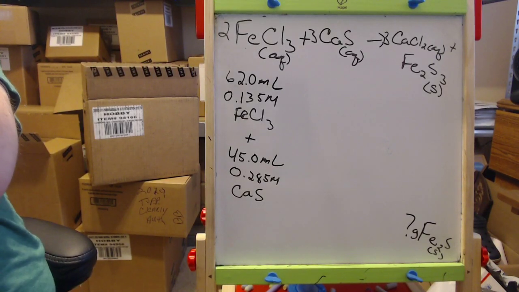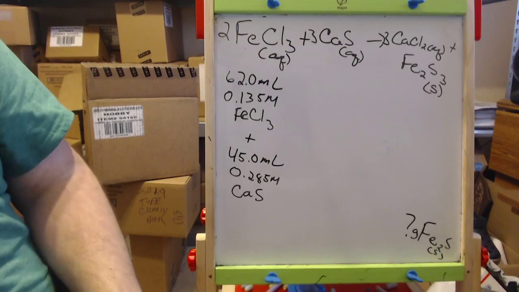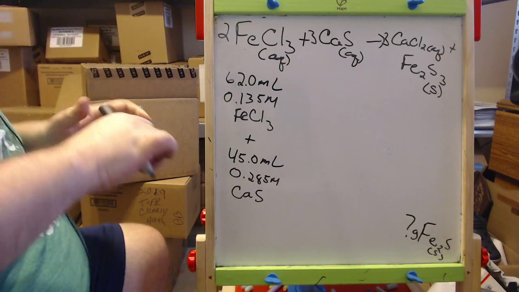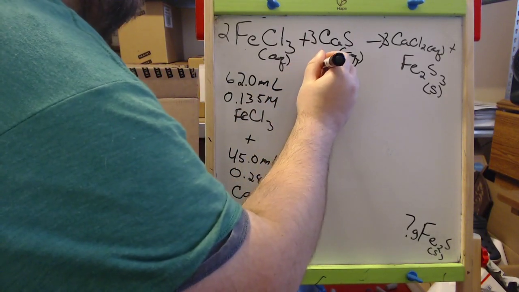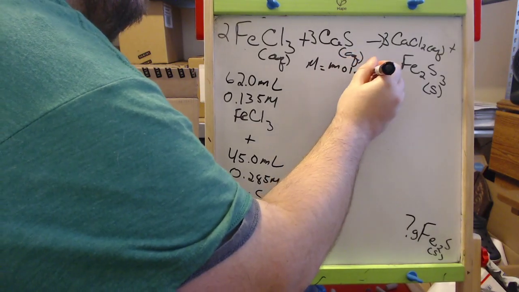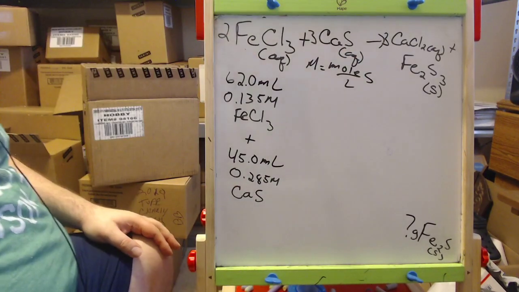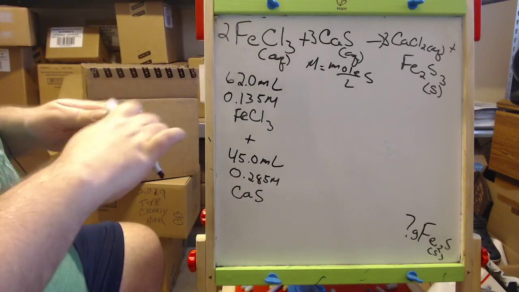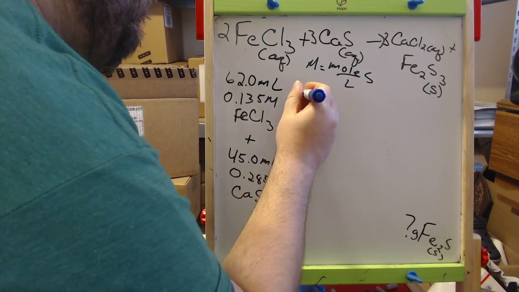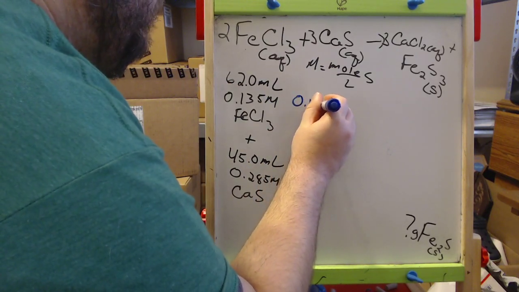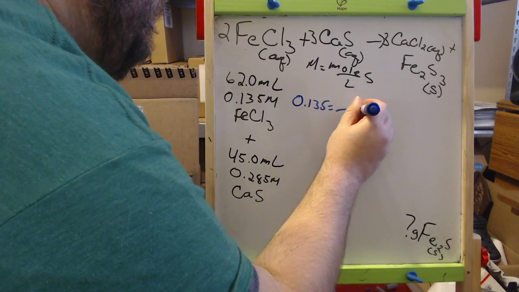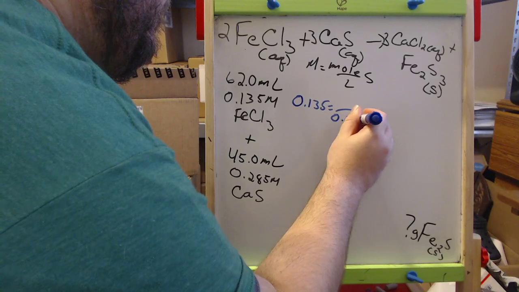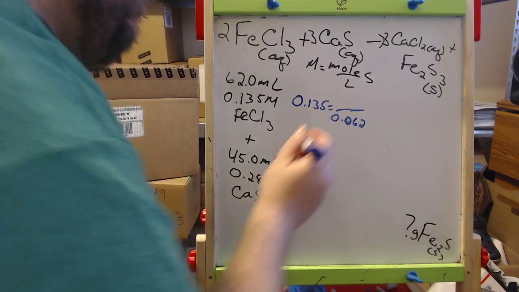The first thing we have to do is figure out how much of each of the reactants we're adding. So remember, molarity equals moles per liter. We're going to take advantage of that. So I've got 0.135 molar, and I've got 62 mL of it, which is 0.062 liters.